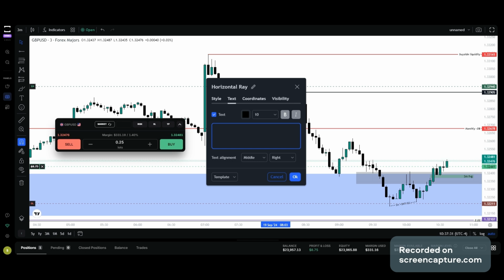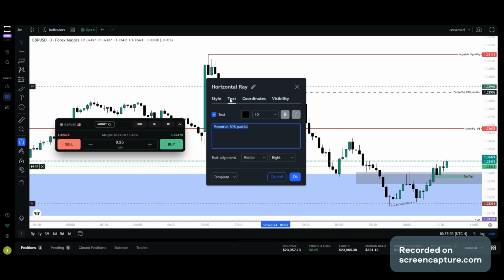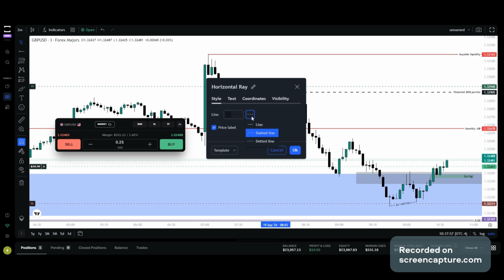Potential partial, potential 80% partial, and I'll make this a dash line.